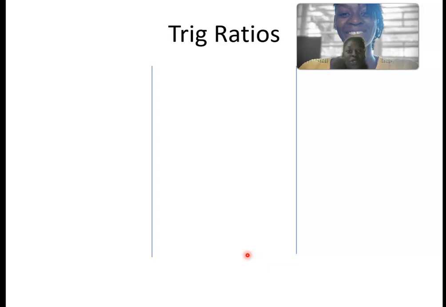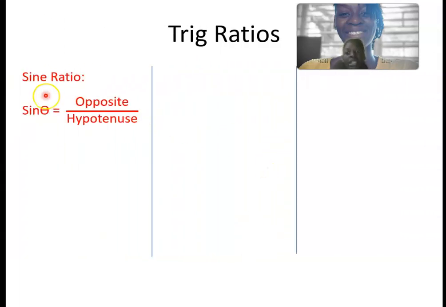Now let's look at the trigonometric ratios. There are 3, and if you look on your calculator, you've always seen these words, but you didn't have a clue. Now you are being introduced to them. You have the sine ratio, and the ratio is a comparison between two amounts, or a measure. So when we talk about ratio, we're talking about the comparison between two lengths of the triangle, the right angle triangle in particular. So we have the sine ratio, and sine theta, and remember theta represents the angle, is equal to opposite over hypotenuse.